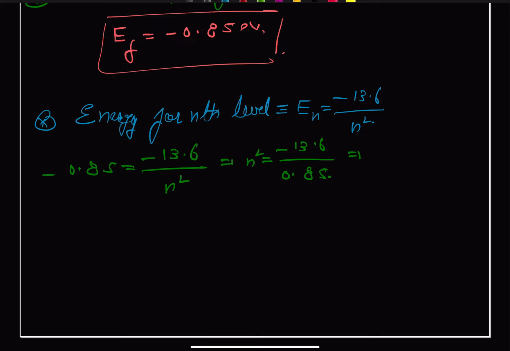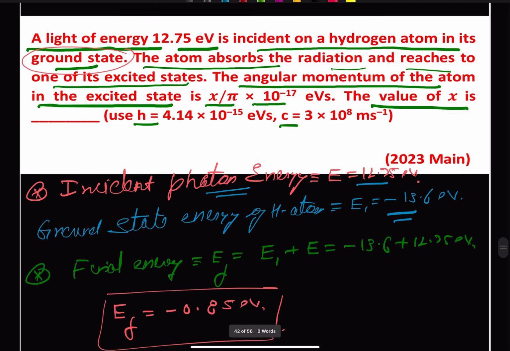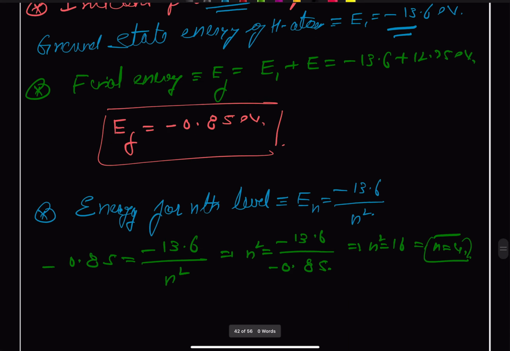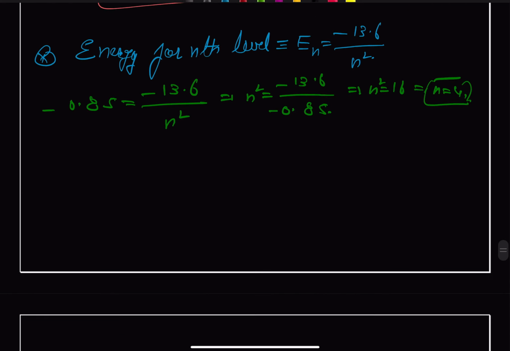So we get n square is equal to 16, and the value of n is equal to 4. So it means the maximum excited state will be n is equal to 4.